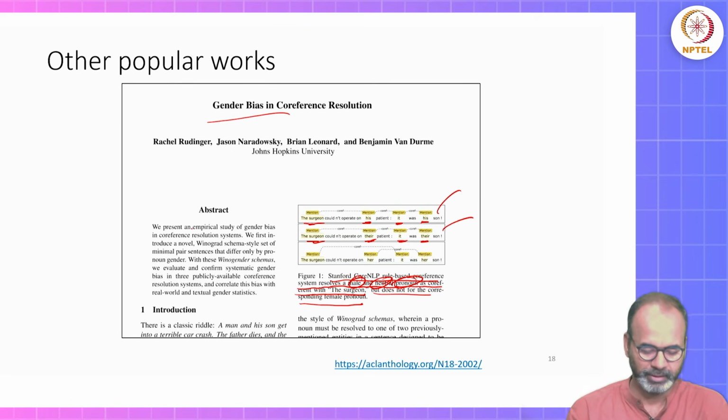We present an empirical study of gender bias in coreference resolution systems. We first introduce a novel Winograd schema-style set of minimal pair sentences that differ only by pronoun gender, which is just this. With this Winogender schema, we evaluate and confirm systematic gender bias in three publicly available coreference resolution systems, and correlate this bias with real-world and textual gender statistics.